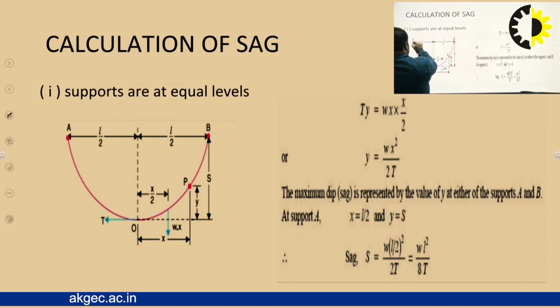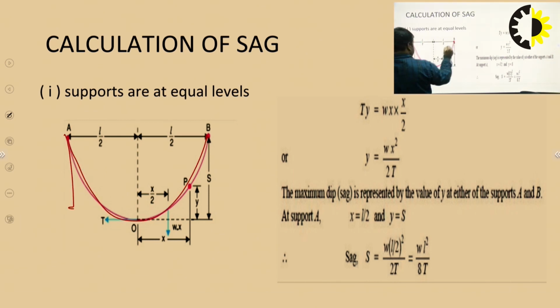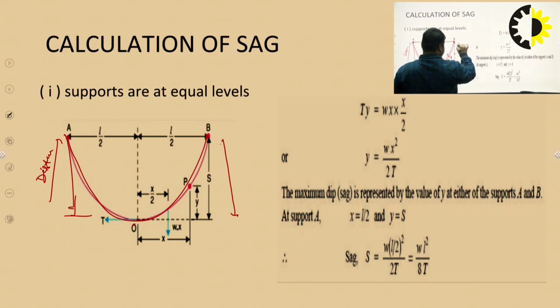This is the conductor, this is support A, and this is support B, and the point is O. The supports are at equal level, and this distance and this distance are the same. This is the meaning of supports at equal level.